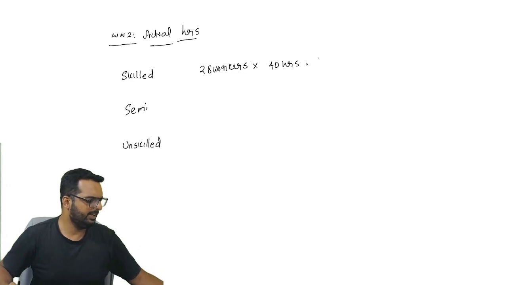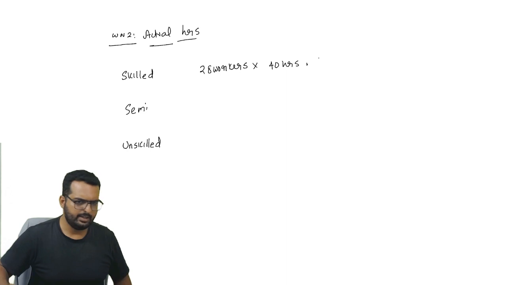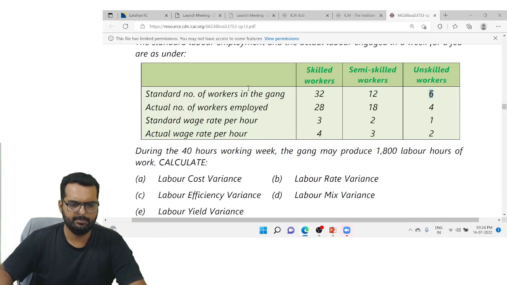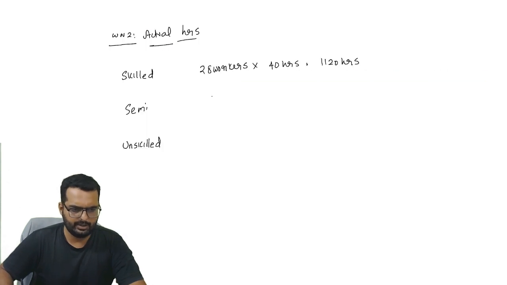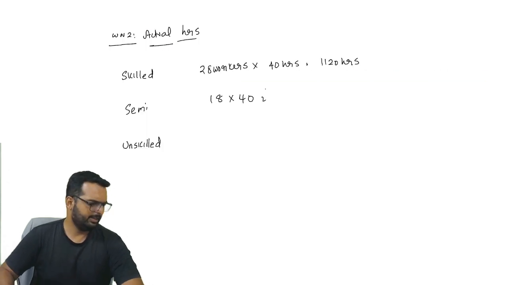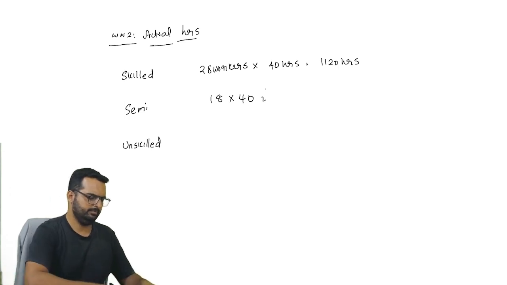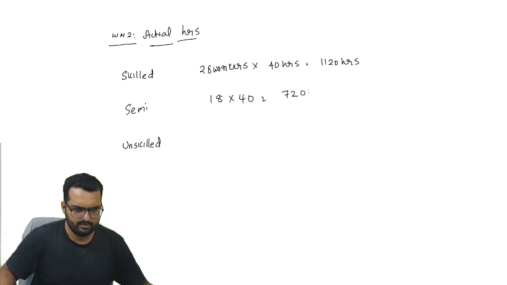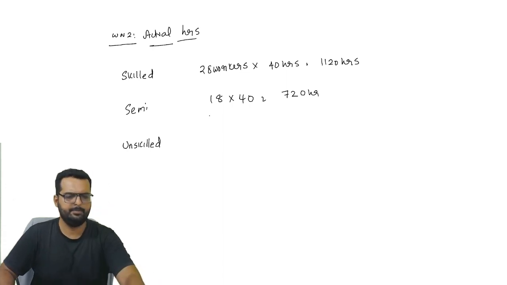So tell me, how much is 28 into 40? Do you get the answer as 1120 hours? All right. What about the second one? That is 18 into 40, right? How much is that turning out to be? Is it 720? 720. And what about the unskilled one? That will be 4 into 40. 4 into 40 will be 160 hours.